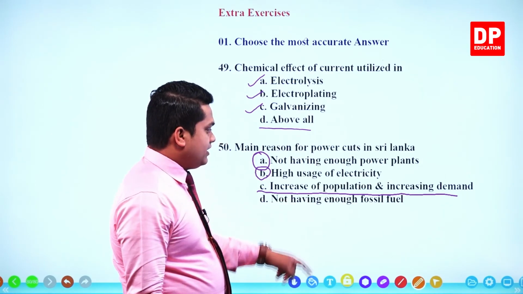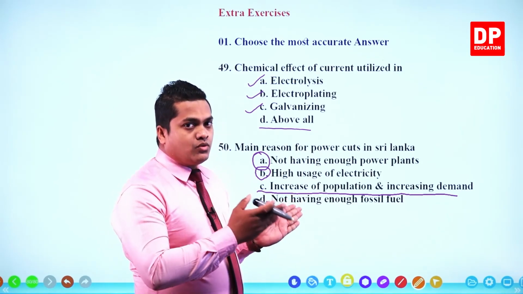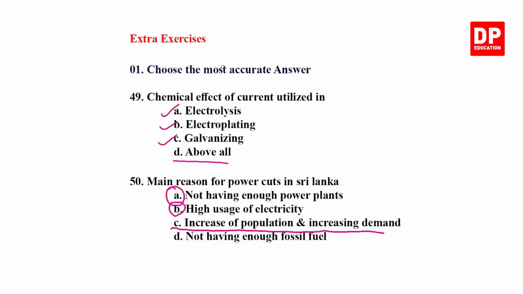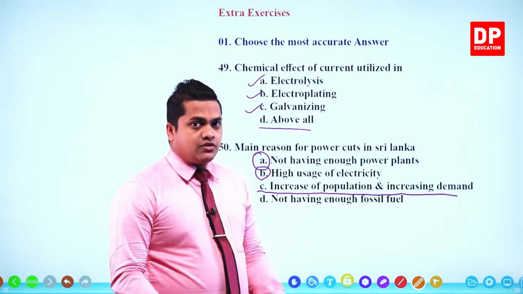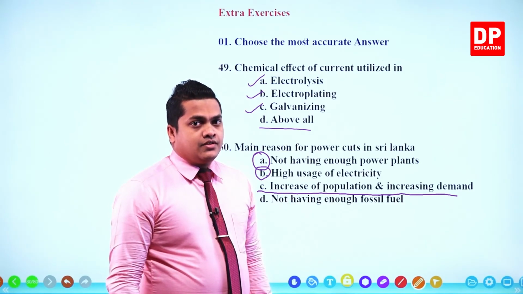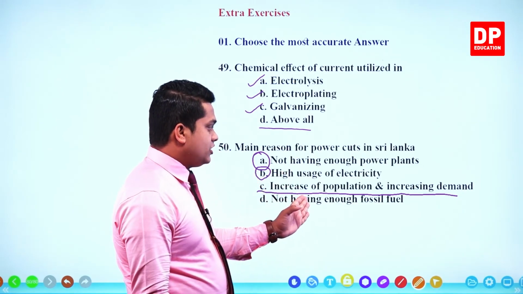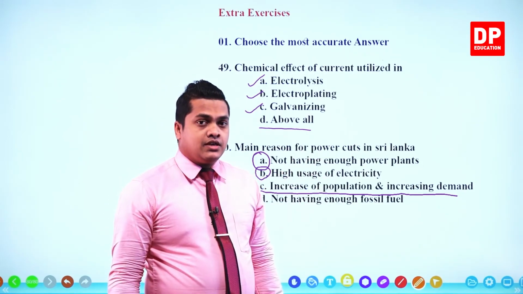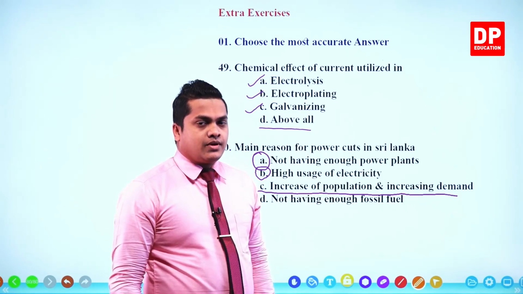Fourth one, not having enough fossil fuel. Once again, we are coming to the root. Why are we not having enough fossil fuel? It's because of the increase in the population and the increase in the usage of electricity. So the increase of population and increase in demand is the main reason for having power cuts, right?